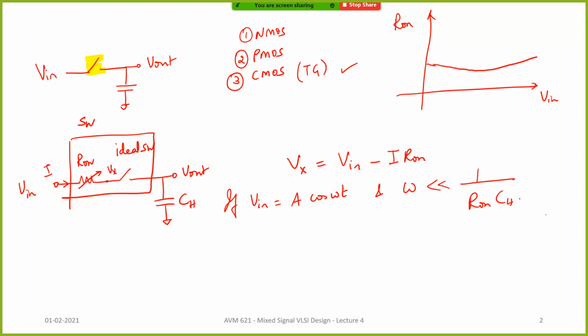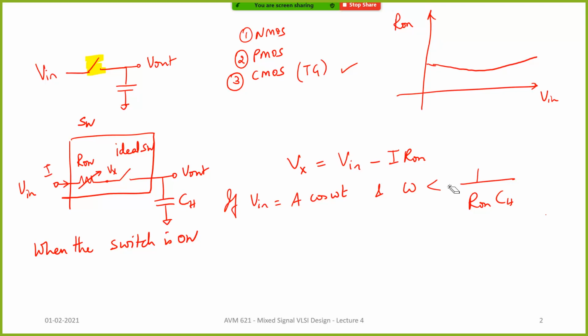Which means that the capacitor is pretty much tracking the input voltage in real time. Let's also say that we are considering when the switch is on. Let me just put less than 1 by R on C h; it is not necessarily extremely small.